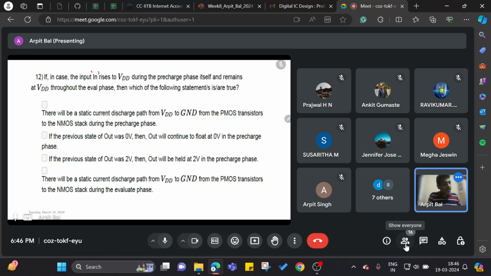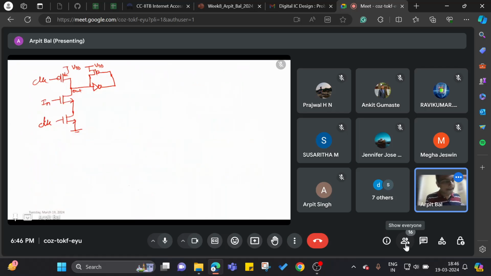Okay, so can someone answer? Is option A correct? There will be a static current discharge path from VDD to ground from the PMOS transistors to the NMOS stack during the pre-charge phase.